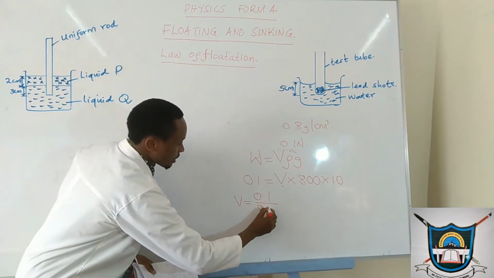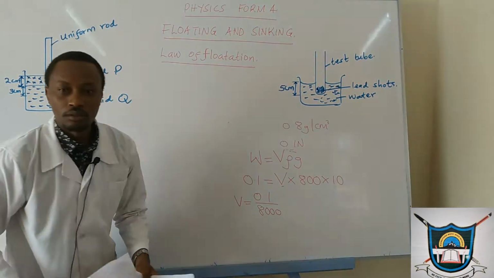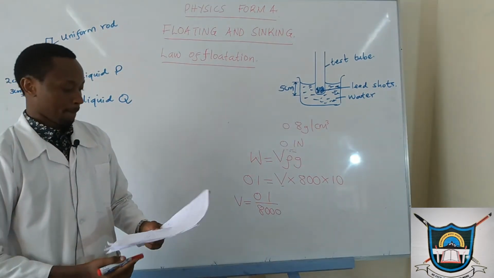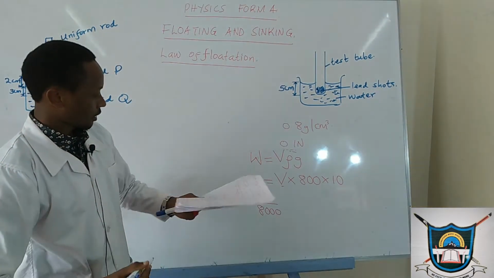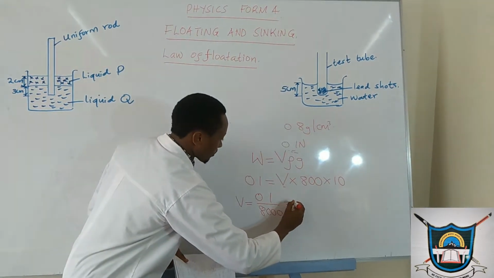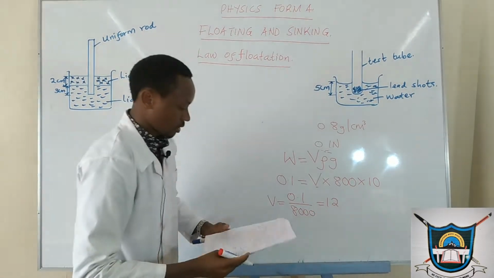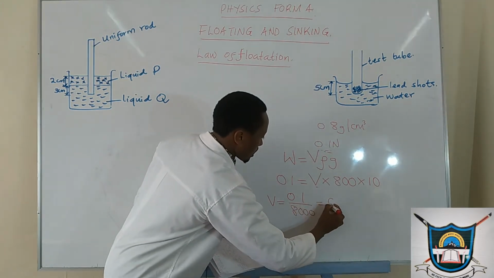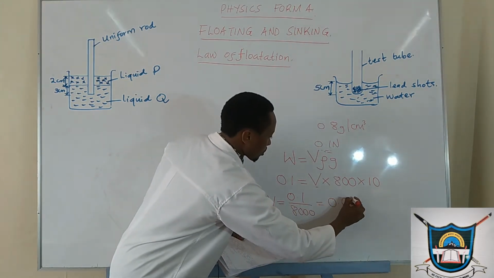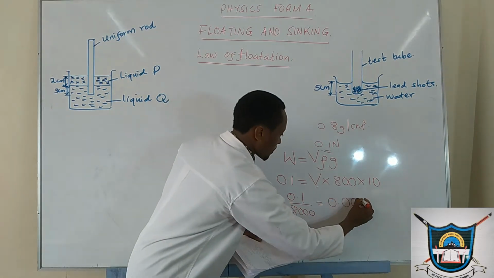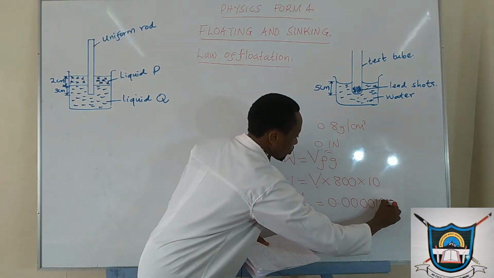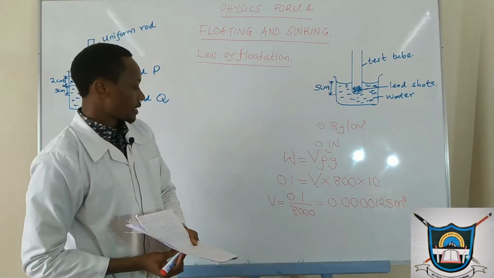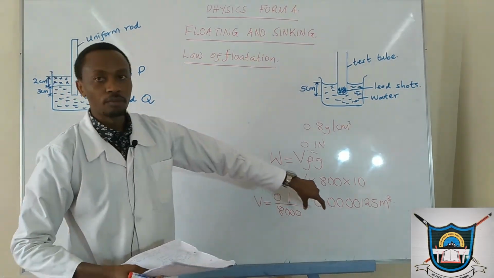You can work that out using your calculator. When I calculate, I'm getting 0.0000125 cubic meters. This is the volume of the liquid which will be displaced.